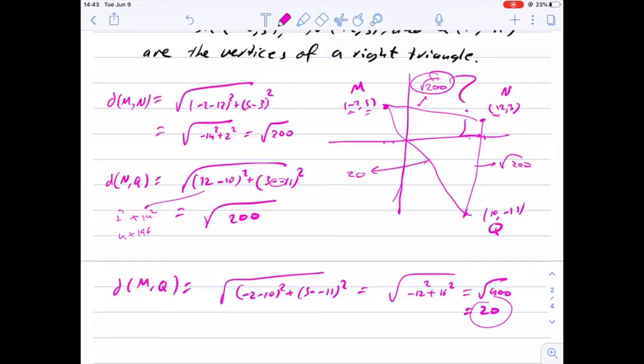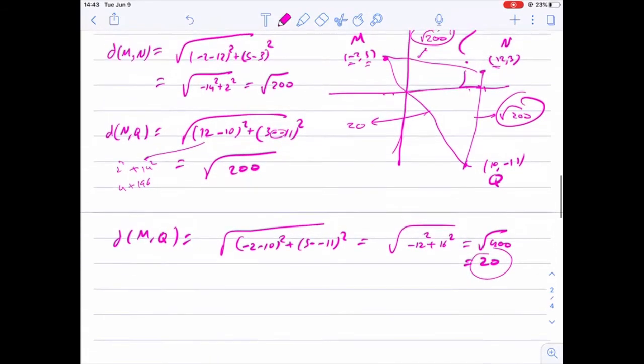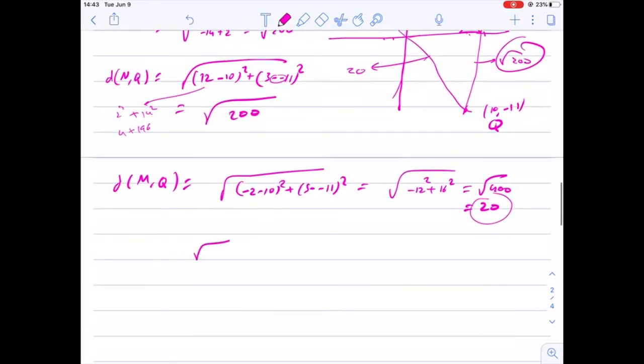Let's see if this squared plus this squared equals the hypotenuse, which is 20 squared; then these represent vertices of a right triangle. So we have square root of 200 squared plus square root of 200 squared. When we square, we just cancel the square root. We get 200 plus 200, which is 400.